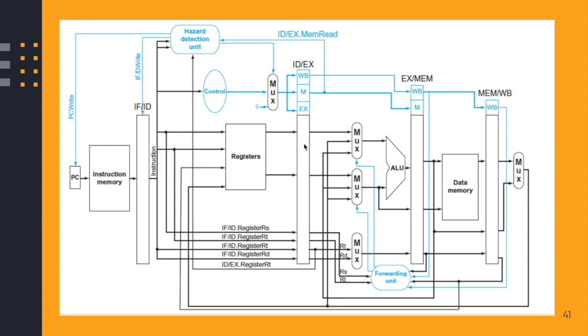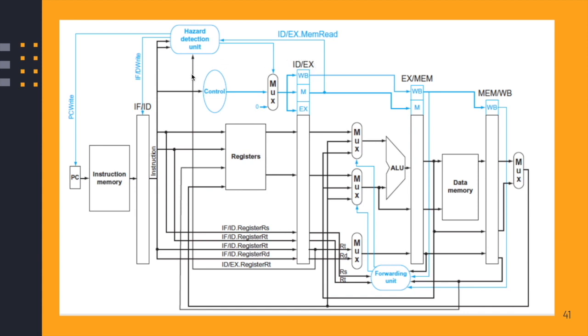So to perform this, to prevent instruction n plus 1 from moving to the execute stage while maintaining that instruction n moves to the memory stage, we need to perform stalls, which is performed using the hazard detection unit. The hazard detection unit takes as an input the rt of instruction n, which is present in the id/ex pipeline register, which is this line.